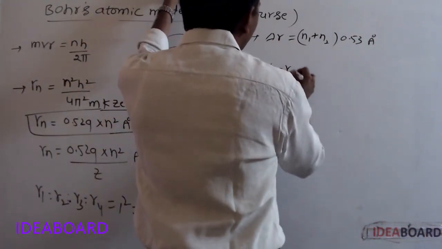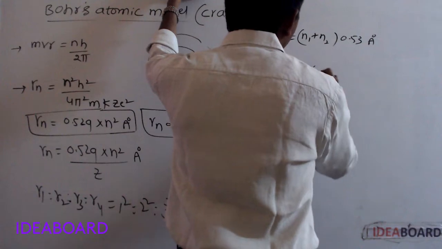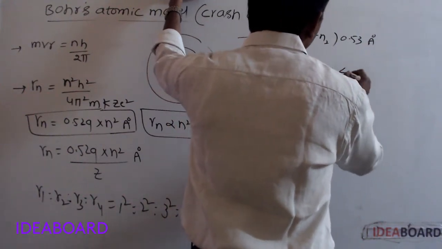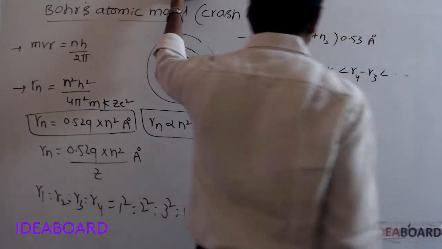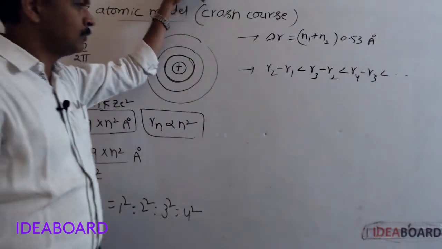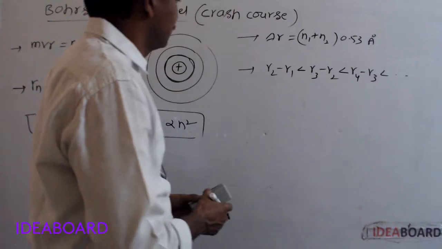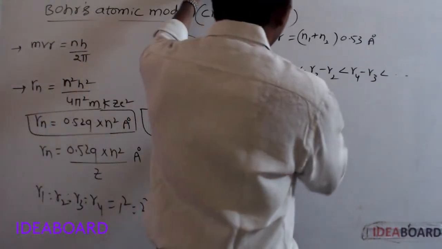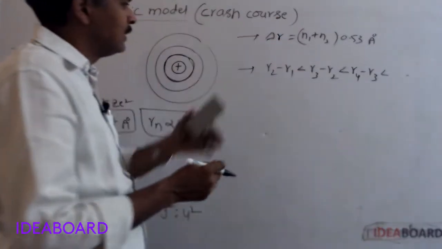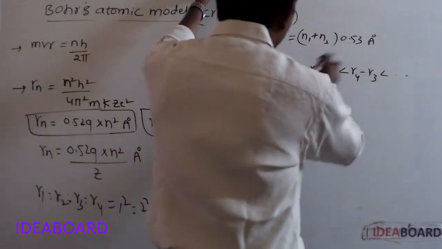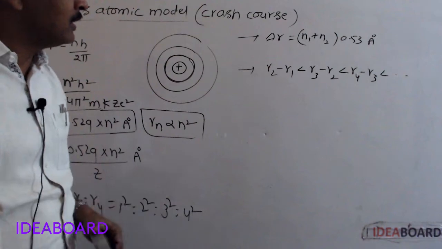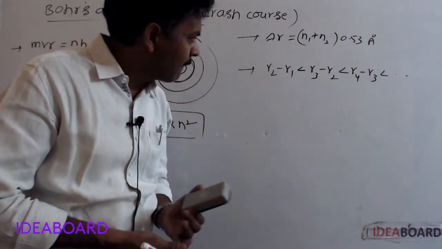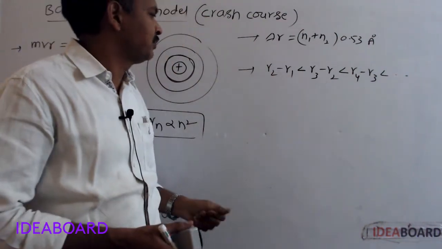That means R2 minus R1 is less than R3 minus R2, which is less than R4 minus R3, and so on.